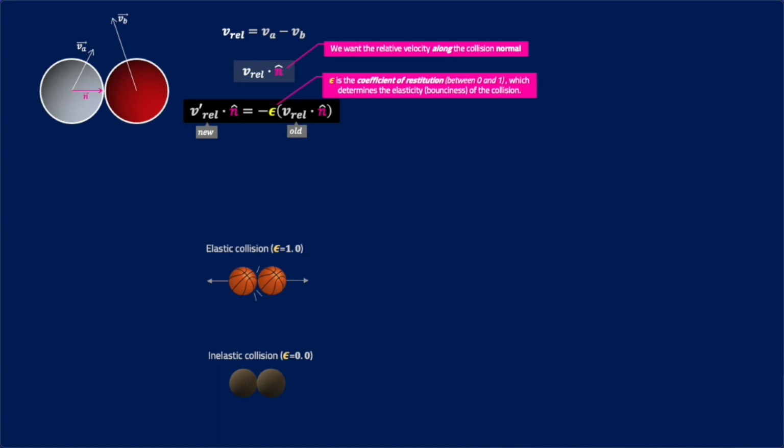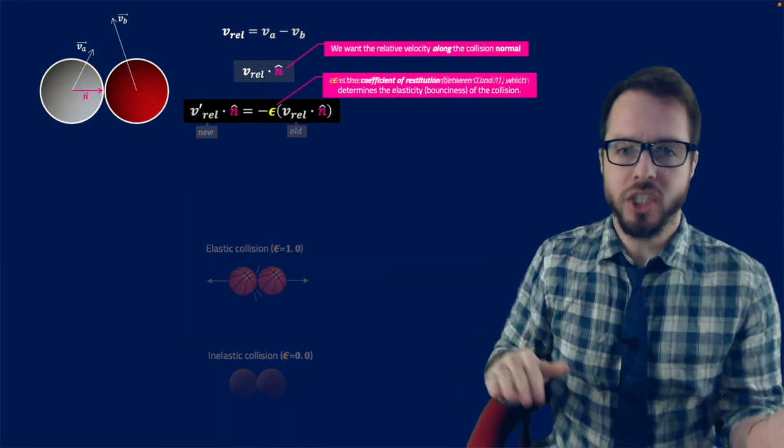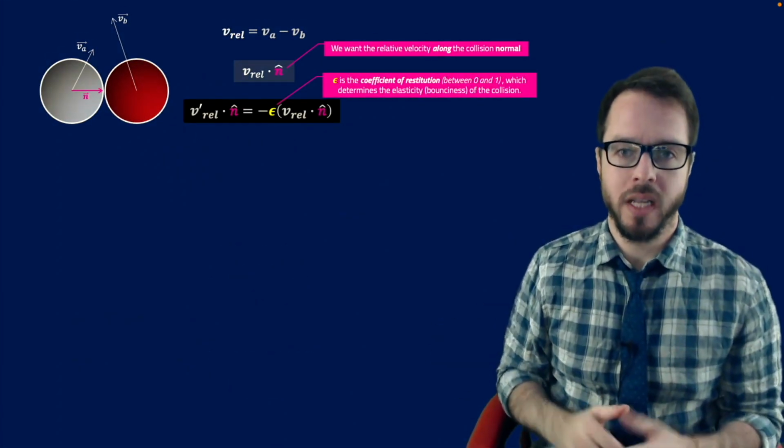Does that make sense? So that formula says that the new relative velocity is the multiplication of minus that epsilon coefficient of restitution, that elasticity factor, times the old relative velocity dot product n. All we introduce there is the minus epsilon value between 0 and 1. All good?